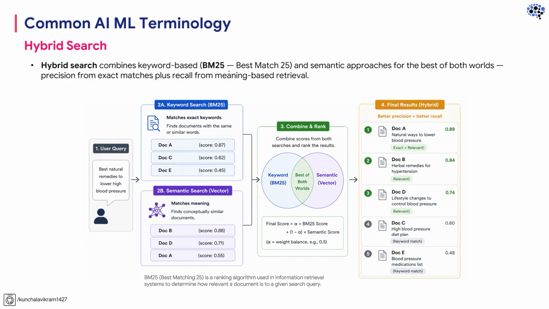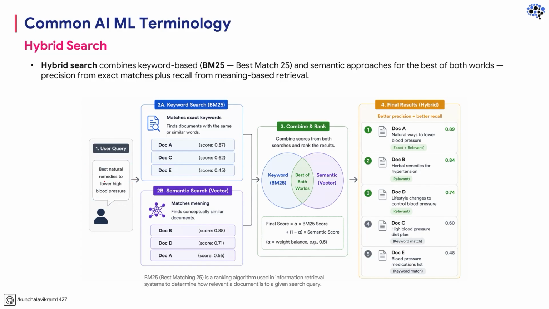We have a ranking algorithm in retrieval systems known as BM25, or Best Match 25, to retrieve a document for a given query, not just on the semantic search, but also on the keyword search. Semantic search may give me some results, keyword search may give me some results, so we can combine and rank to get the most relevant chunks that will give me the most relevant response, right?